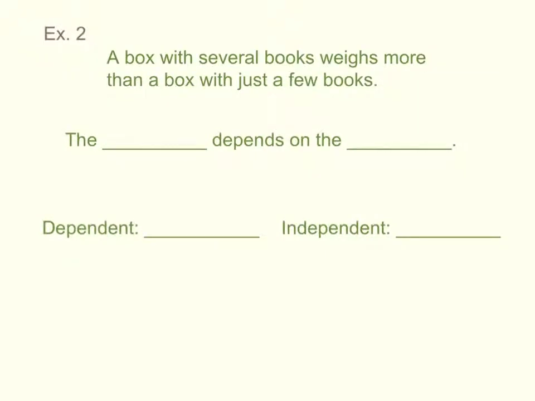Example 2, same sort of thing. A box with several books weighs more than a box with just a few books. So when I look at it, I have to think, okay, what is the dependent relationship here? Well, I know that the more books I put into the box, the heavier the box is going to be. So I'm going to say that the weight depends on the number of books.